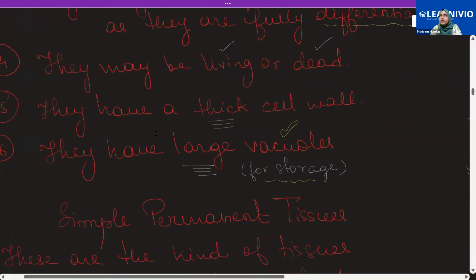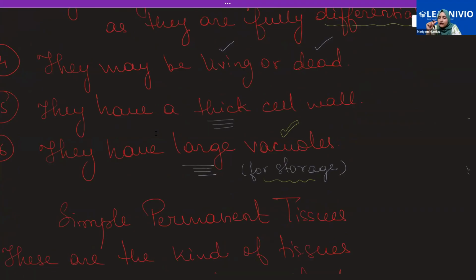If you remember, the meristematic tissue had a thin cell wall, and it was made up of what, students? What was it made up of? Can you repeat, the thin cell wall of the meristematic tissue, what was it made up of?